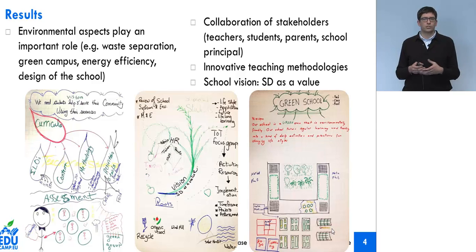Innovative teaching methodologies take place. Another issue for a sustainable school is not only how it looks like from a picture point of view, but also what is taking place within this school. And take sustainable development also as a value, so also what values this school follows.